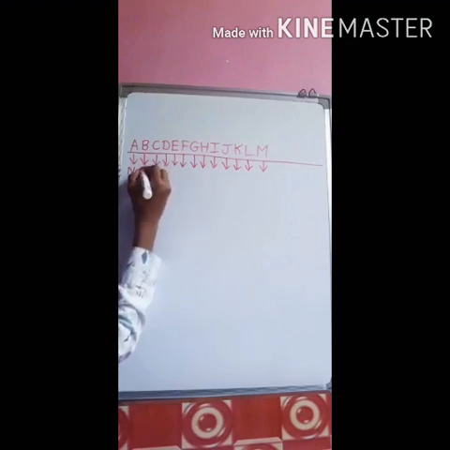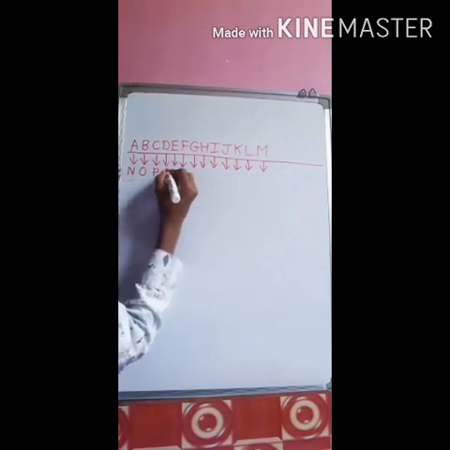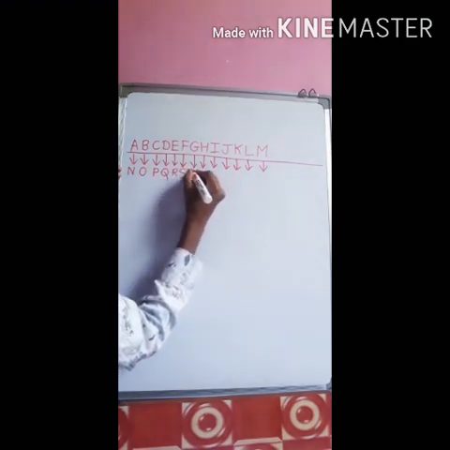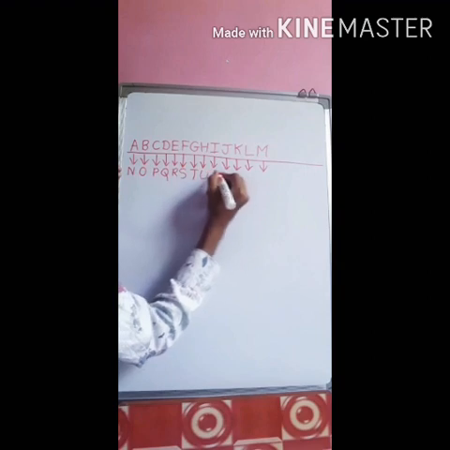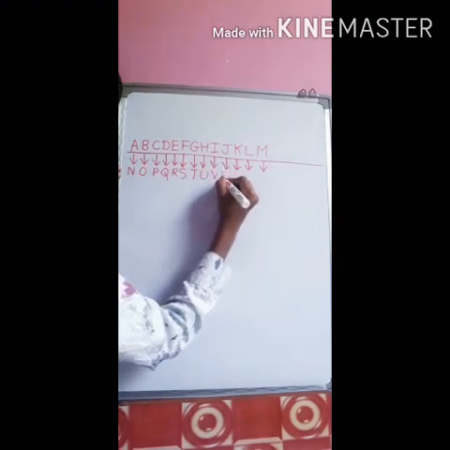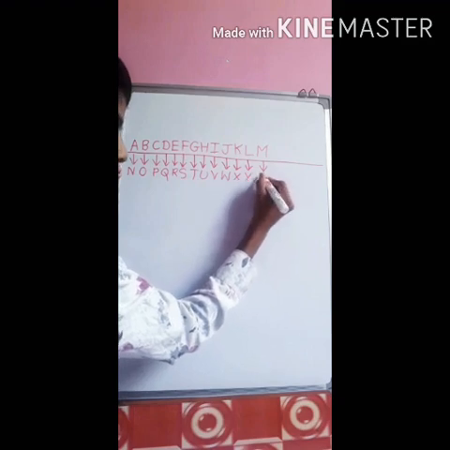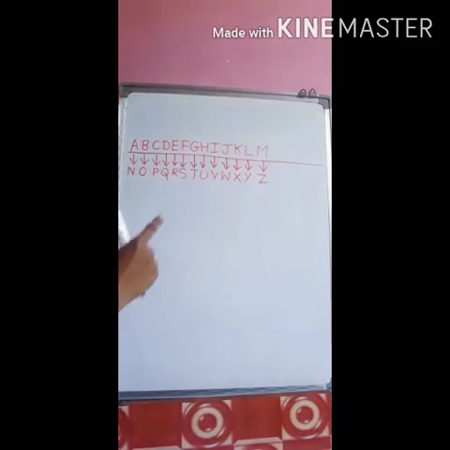And then O, P, Q, R, S, T, U, V, W, X, Y, and then Z. Now you can see this is the table of the ROT13 secret code language.